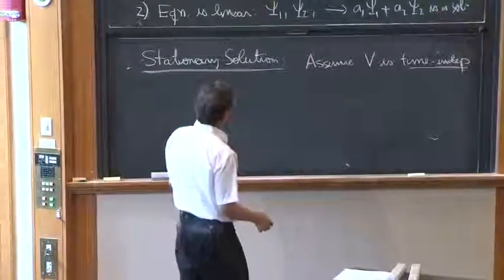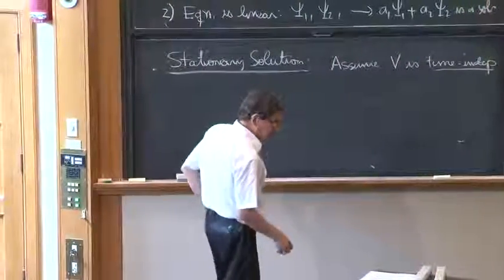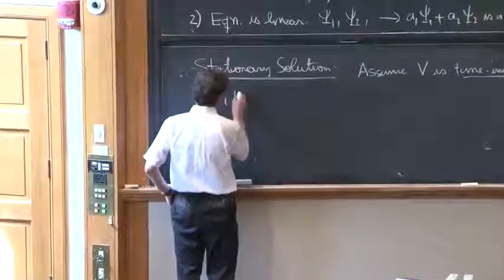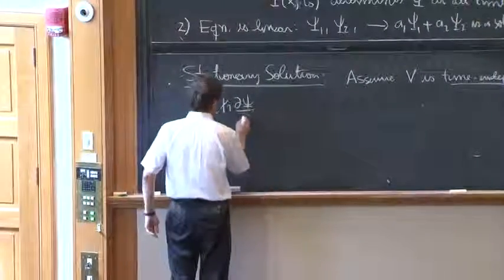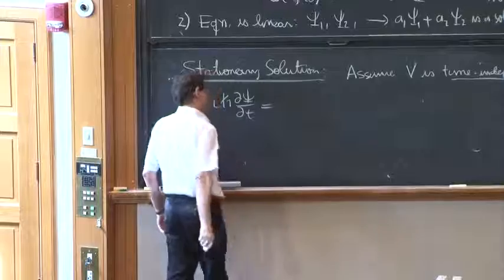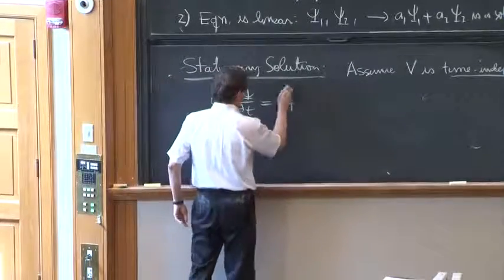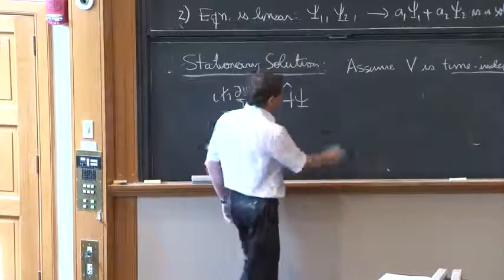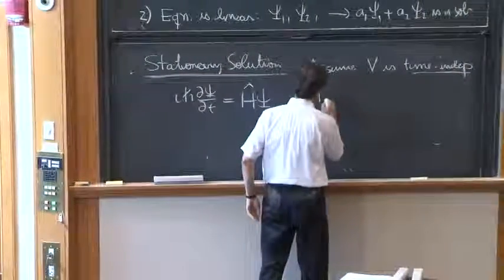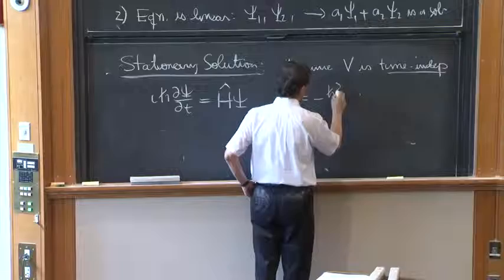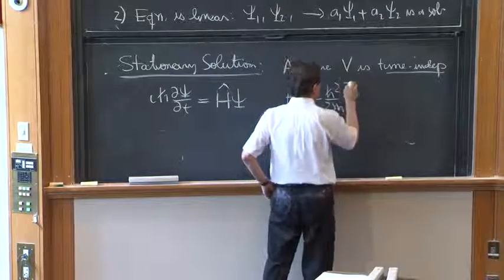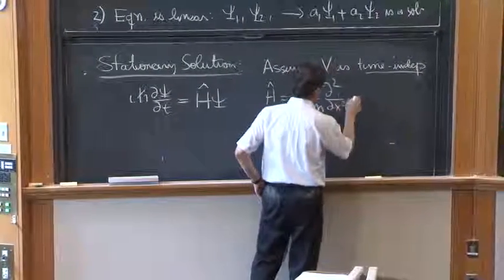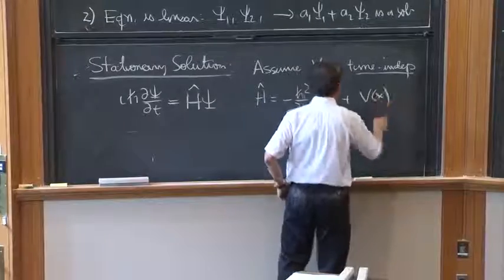So in this case, the Schrödinger equation is written as i h bar d psi dt equals something called an H hat acting on psi, and H hat at this point is nothing else than minus h bar squared over 2m second derivative with respect to x plus V of x.